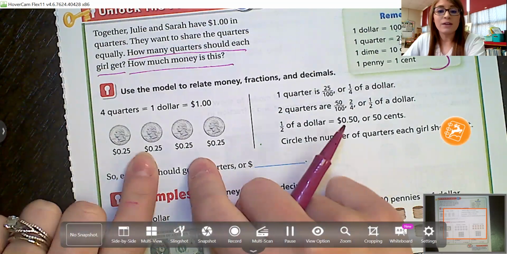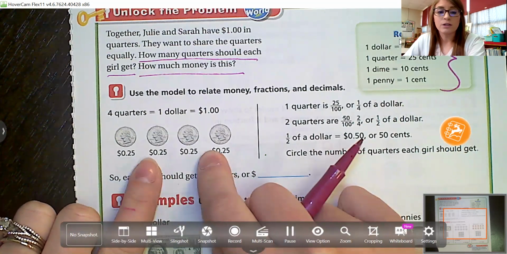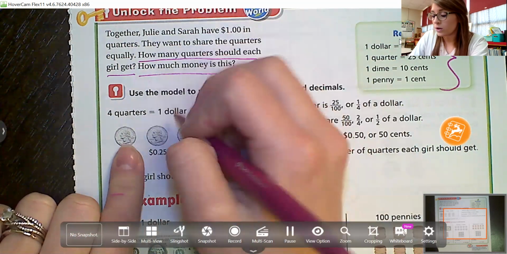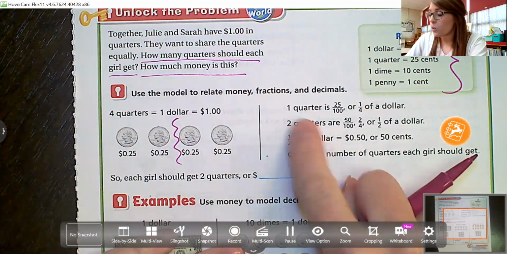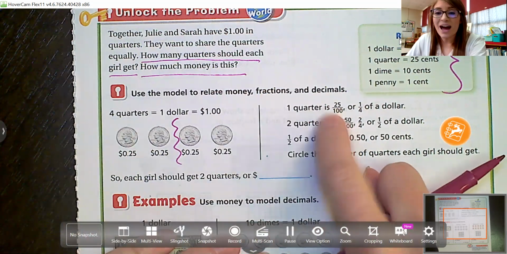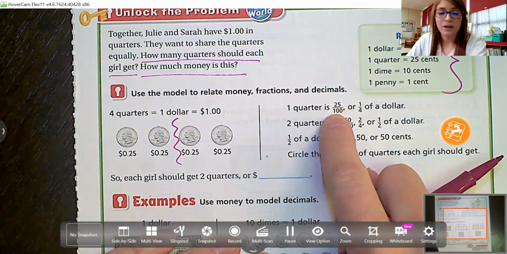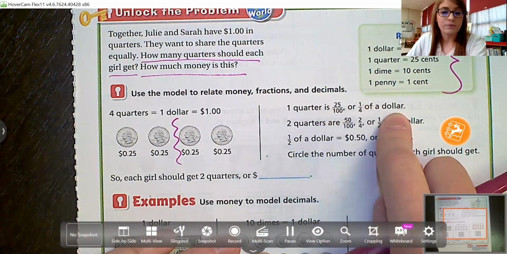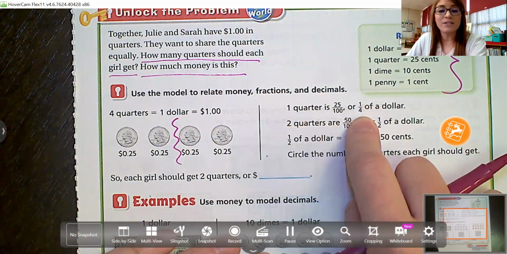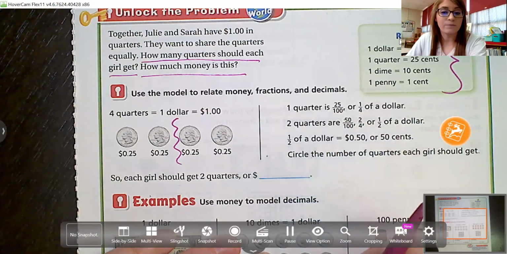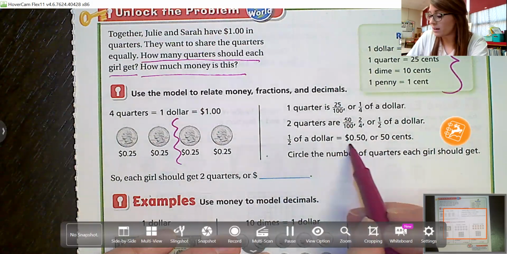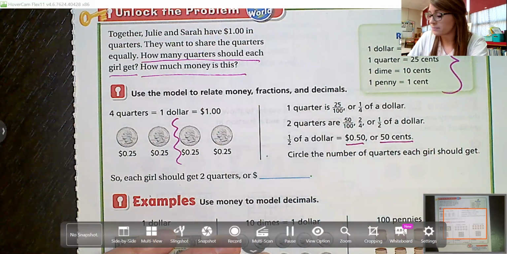If 2 girls are sharing 4 quarters, each girl will get 2 quarters. 1 quarter is 25 cents out of 100 cents in a dollar, or 1/4 of a dollar. 2 quarters are 50 cents out of 100 cents, or 1/2 of a dollar. 1/2 of a dollar is 50 cents, and you can write it like this or like this.